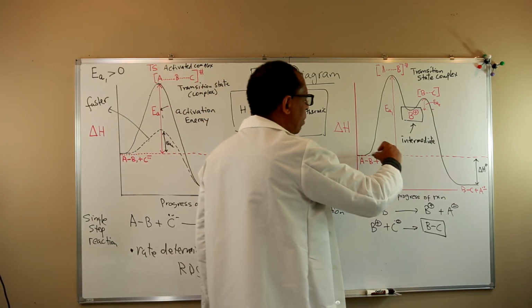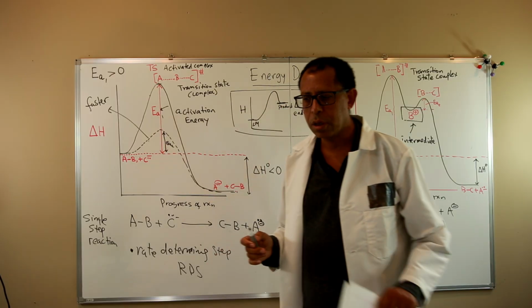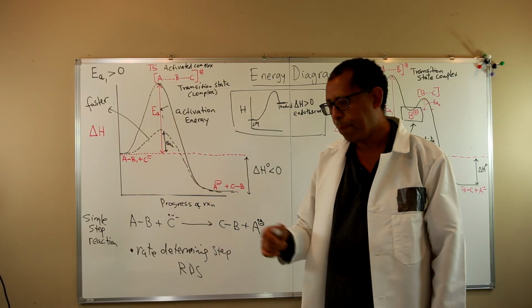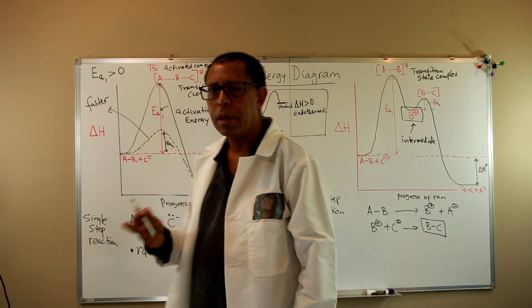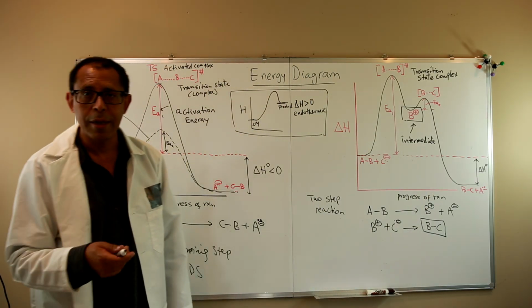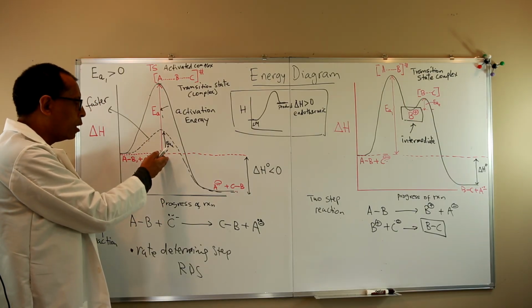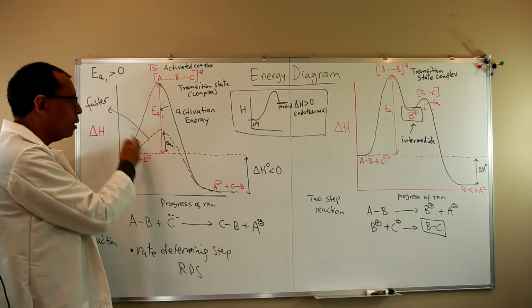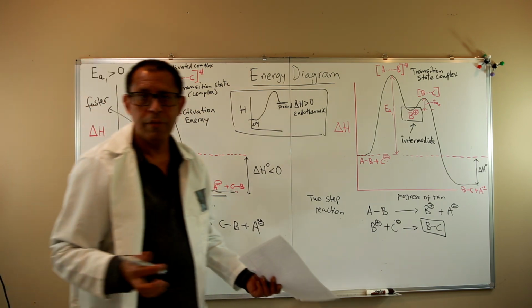Similarly, you can change some of the conditions. We'll look at a condition where you could have a lower activation energy by using enzymes, so catalysts and all that. A reaction with a lower activation energy is faster than a reaction which has a higher activation energy.